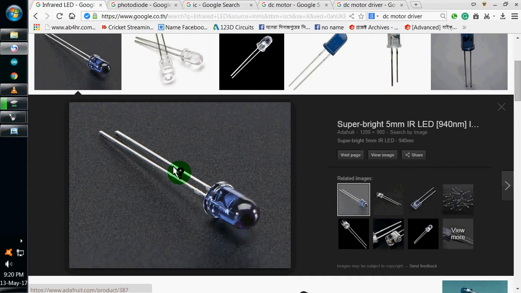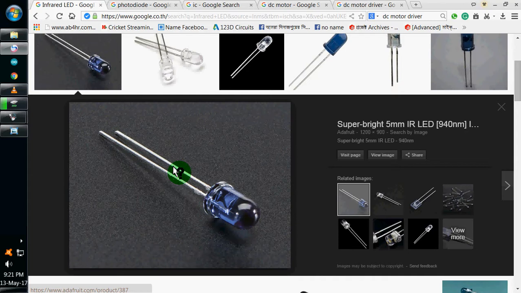From our previous tutorial we know the LED is the light emitting diode, a special diode. When connected in a forward bias connection, it emits light.